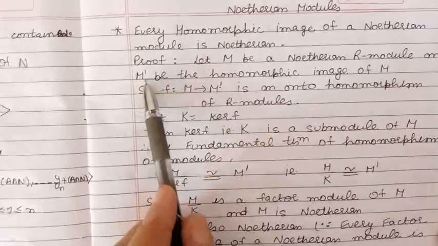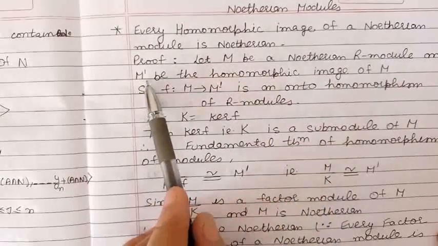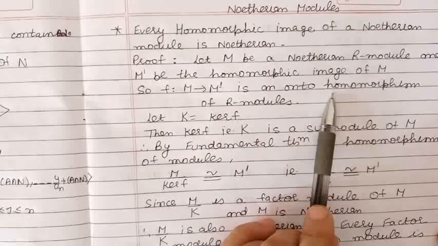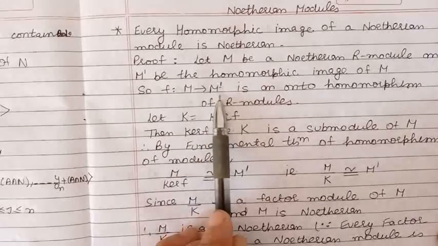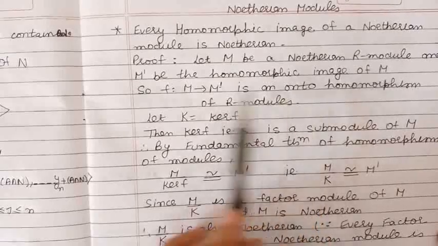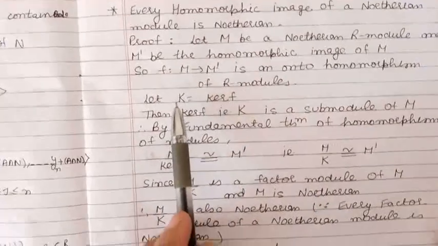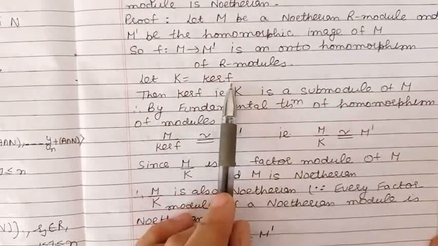Now, because M dash is a homomorphic image of M, by definition of homomorphic image, we have an onto homomorphism from module M into the module M dash, and this onto homomorphism we have denoted by F. Now let us take K as the kernel of this homomorphism.